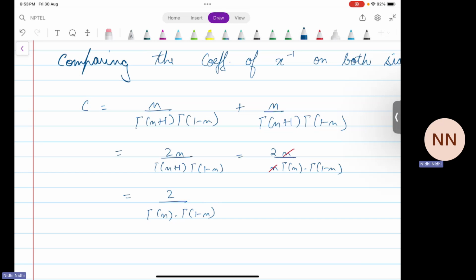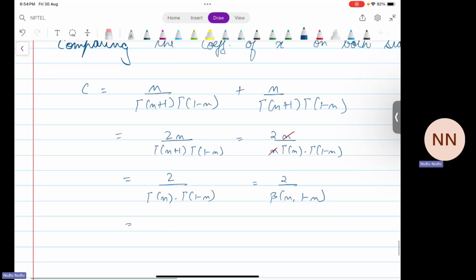Now if you remember, this gamma n times gamma 1 minus n is basically beta n, 1 minus n. So this is basically 2 by beta n, 1 minus n, and we know that beta alpha, 1 minus alpha is pi by sine pi alpha.